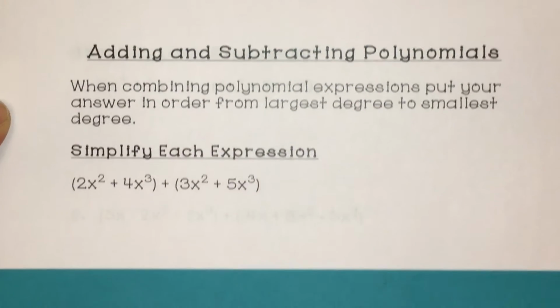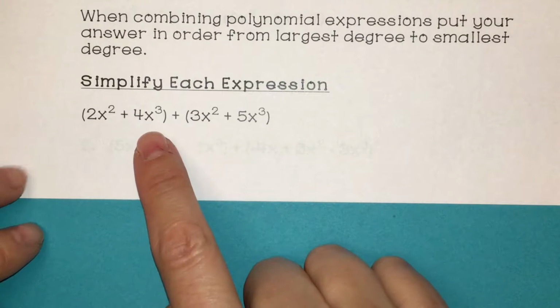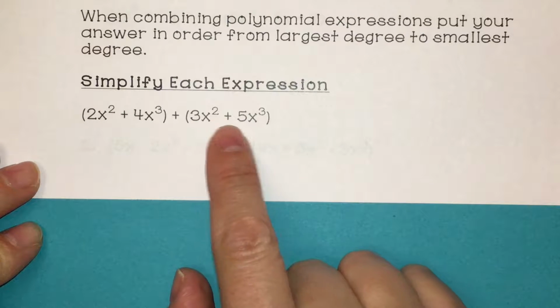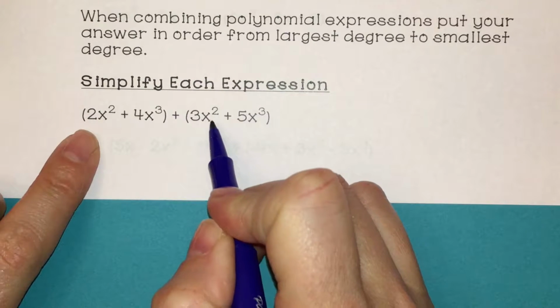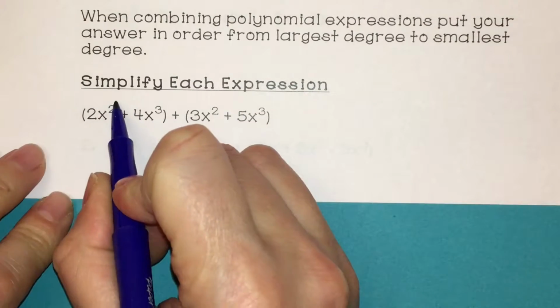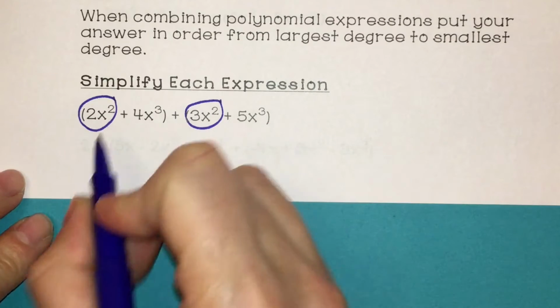All right, so we're going to add 2x squared plus 4x cubed plus 3x squared plus 5x cubed. Remember, you can only add if they're like terms, so they have to have the same exponent for the variables. So I can combine 2x squared plus 3x squared.